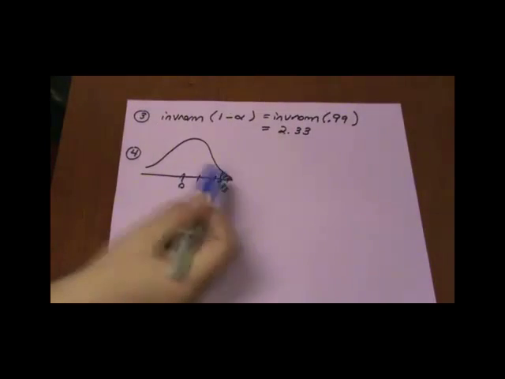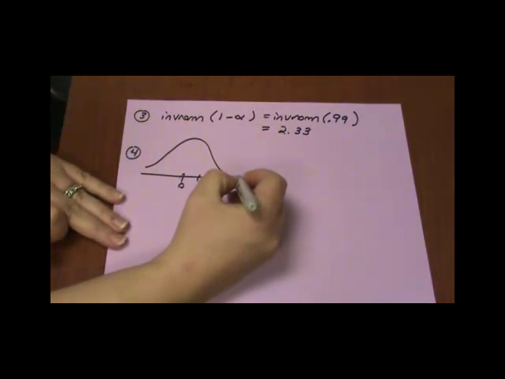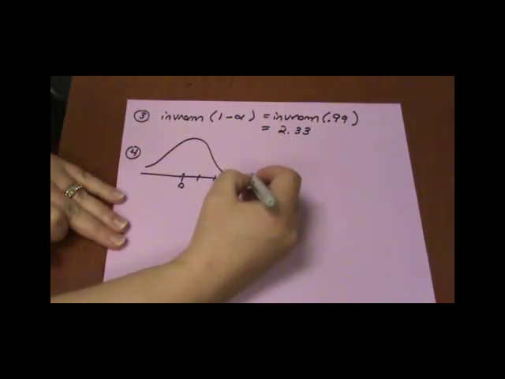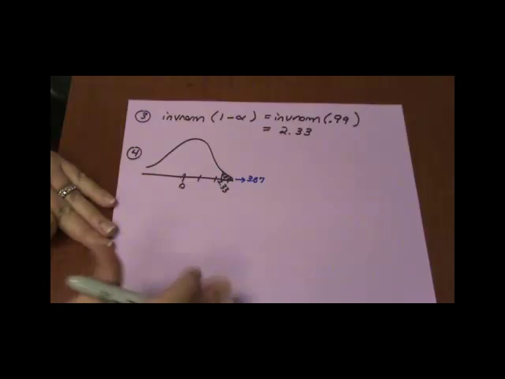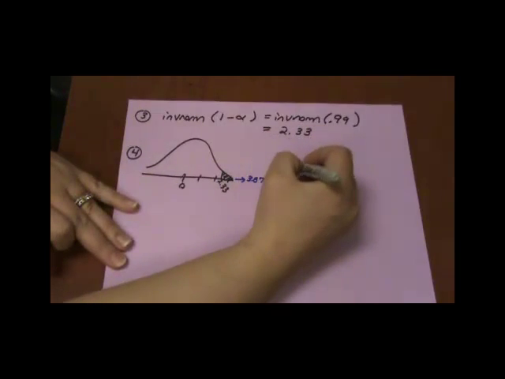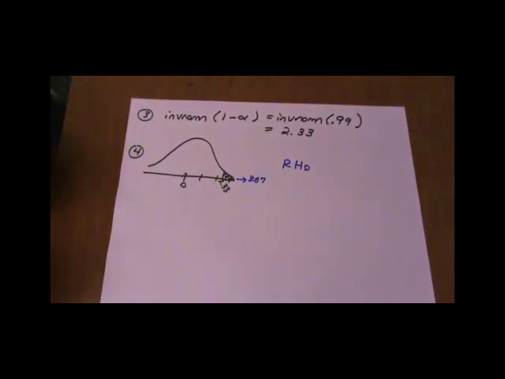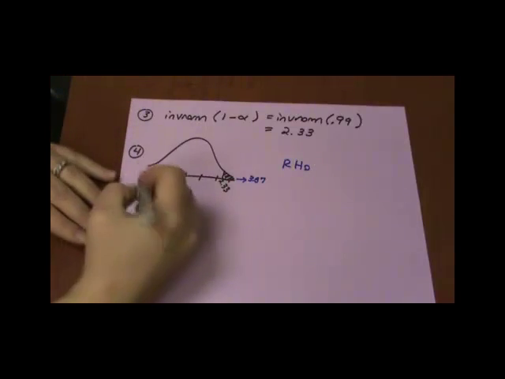Well, here's 3 way over here. So 3.87 is going to be way up here in the tail somewhere. Okay? So we definitely know it's going to be after 2.33. So because it falls after that, it's in your rejection region. So this time, you reject H0. Again, same conclusion no matter what method you pick.